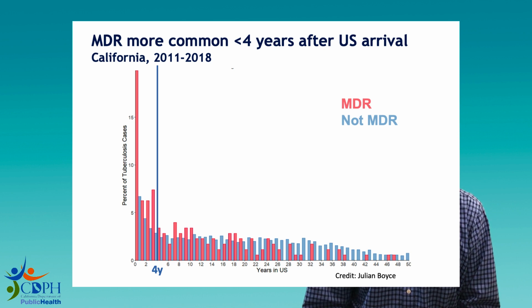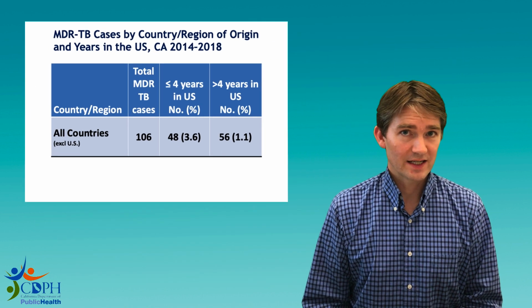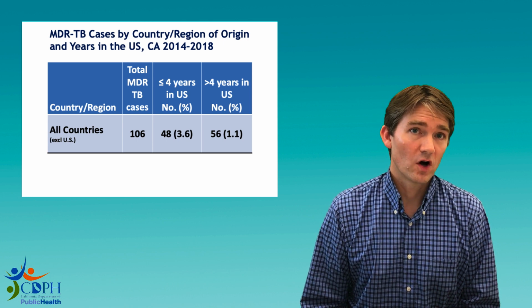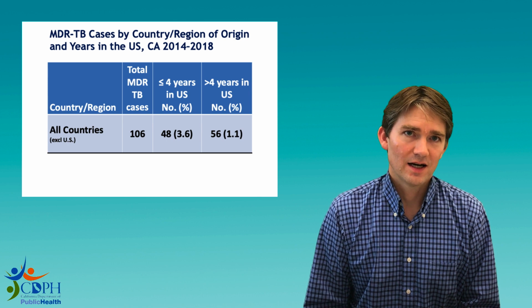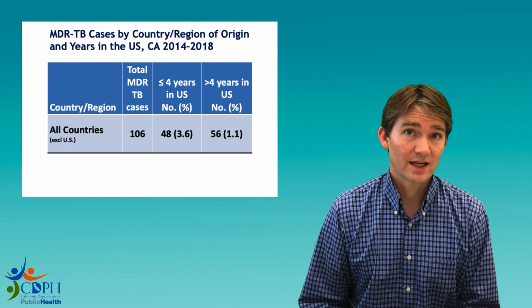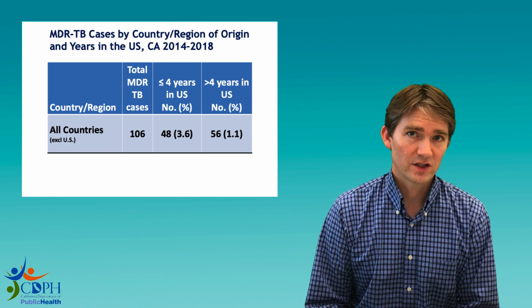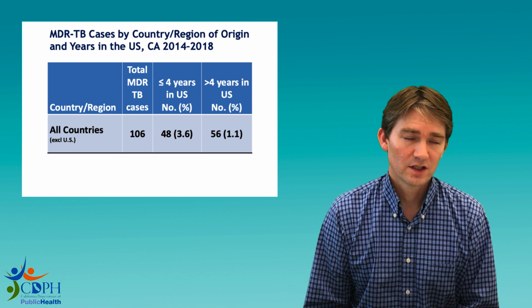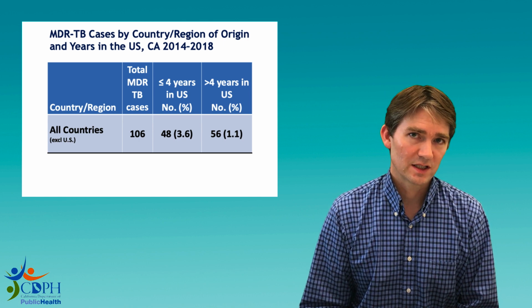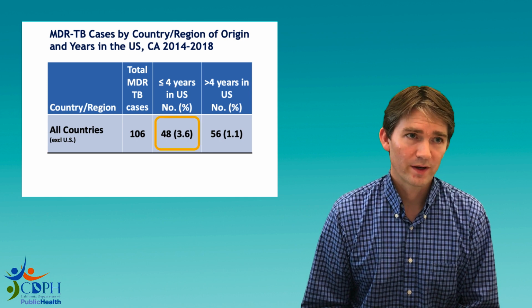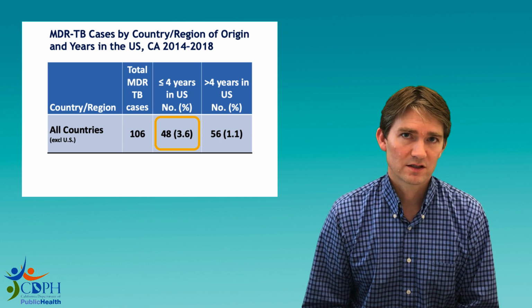it's more common to have MDR TB within the first few years after arrival in the United States. When I summarize this again in a table, you can see that when we look at persons from all countries except the United States, and if you break them down into cases with TB diagnosed within 4 years after arrival in the United States versus after 4 years, you can see that those arriving most recently have a proportion of MDR TB of 3.6% compared to 1.1% in those who have been in the U.S. longer.